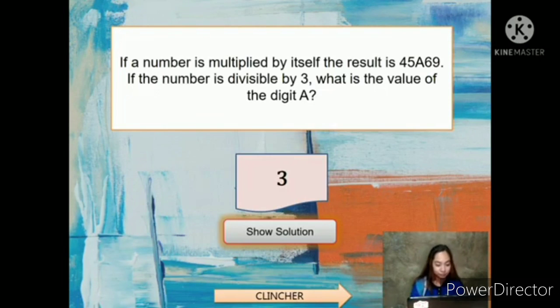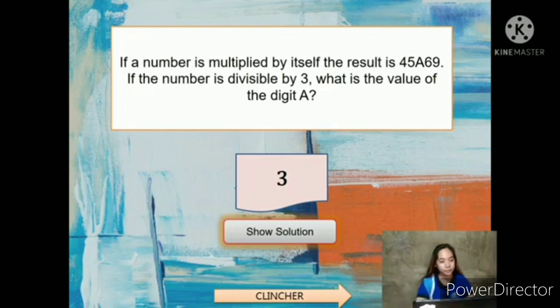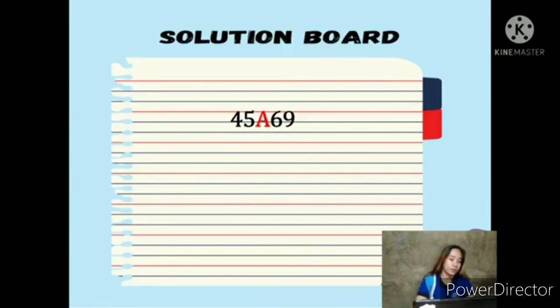So, next, if a number is multiplied by itself, the result is 45A69. If the number is divisible by 3, what is the value of the digit A? So, the answer is 3, under clincher. So, we're gonna do is trial and error again.